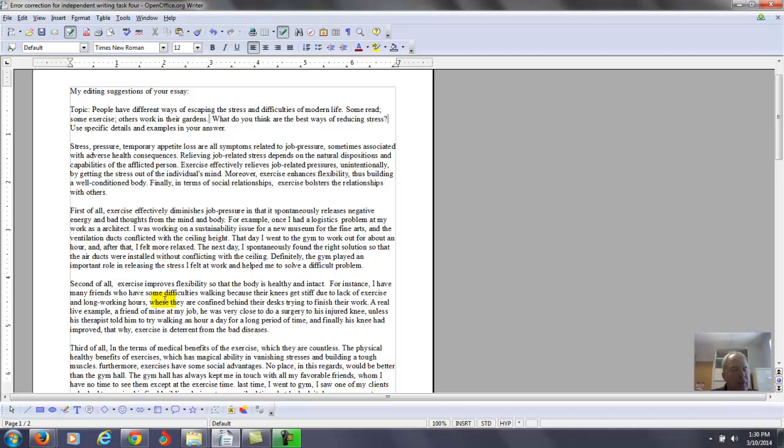Now we can leave it like that. Let's read it one more time here. It says, second of all, exercise improves flexibility so that the body is healthy and intact.